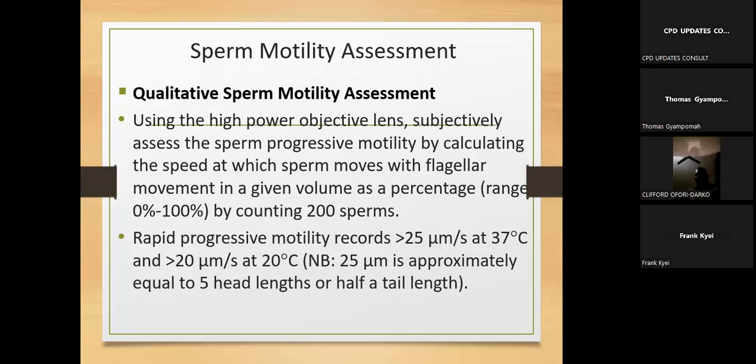So subjectivity becomes one of the challenges with respect to sperm assessment of parameters such as motility, and when it comes to morphology too, the same thing. Morphology is also based on subjectivity. So what you see as normal, somebody comes and sees that it's not normal. But you have recorded it as normal, and therefore your percentage is going to be different.